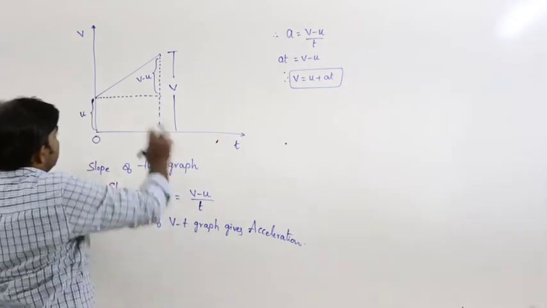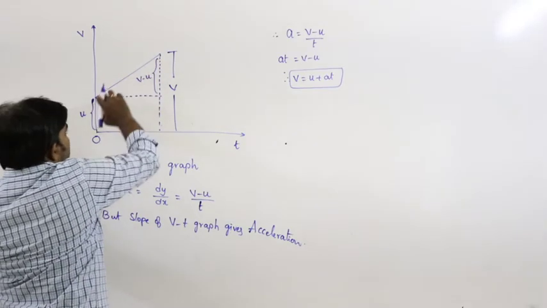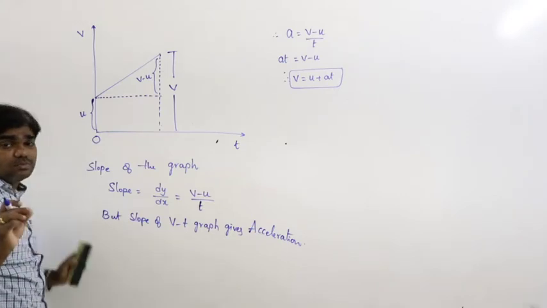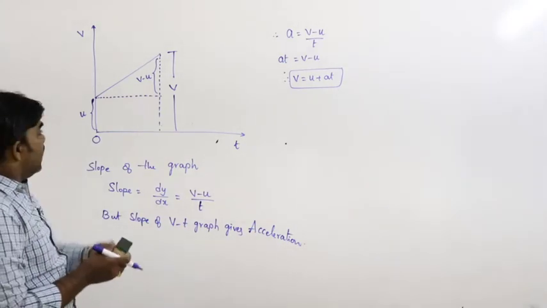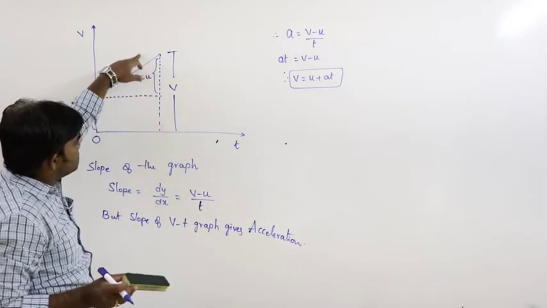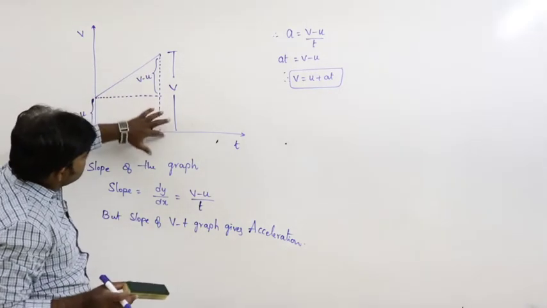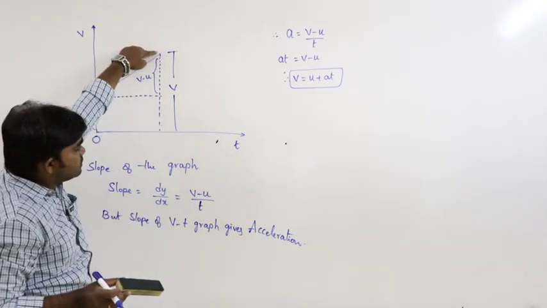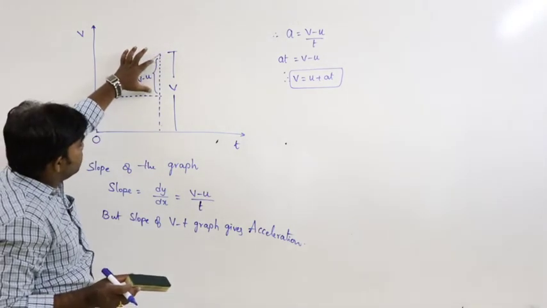Here it is the graph. Why are we considering from this position? Because the body starts with certain initial velocity and it moves with uniform acceleration. This is u. After certain time the velocity of the body is v. So remaining is v minus u.